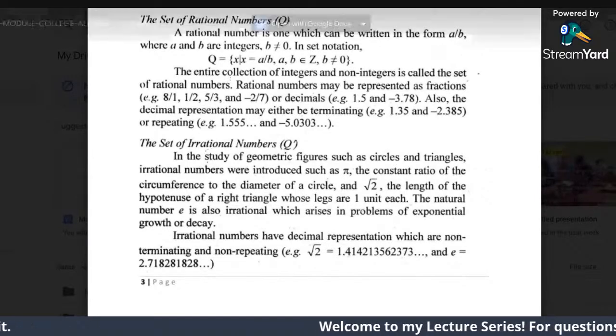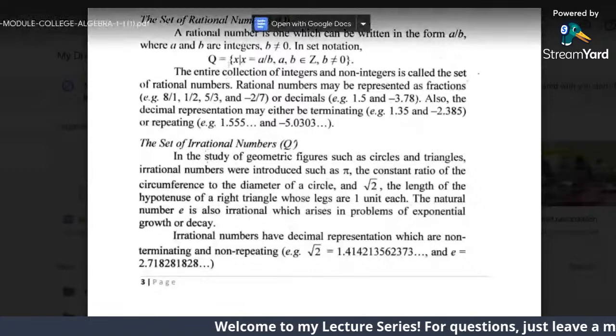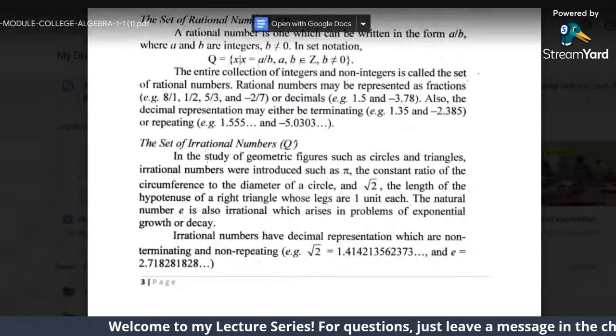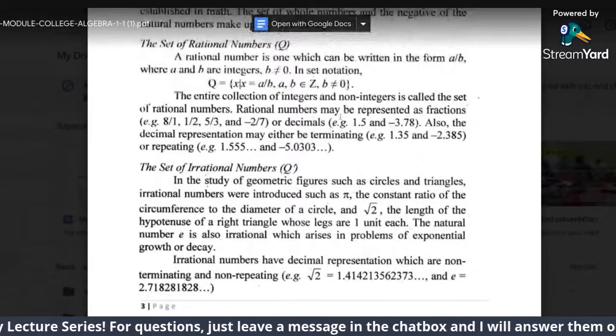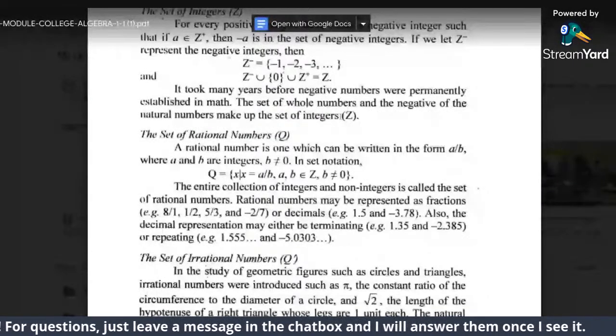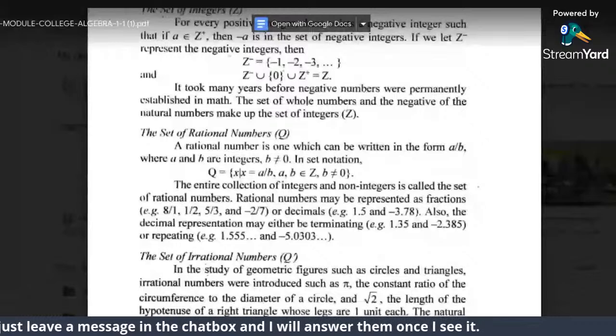Q is x such that x is equal to a over b, where a and b are a subset of Z. Ano ba yung Z natin dito? Z is the set of integers, where b is not equal to 0. So in other words, the entire collection of integers and non-integers is called the set of rational numbers.